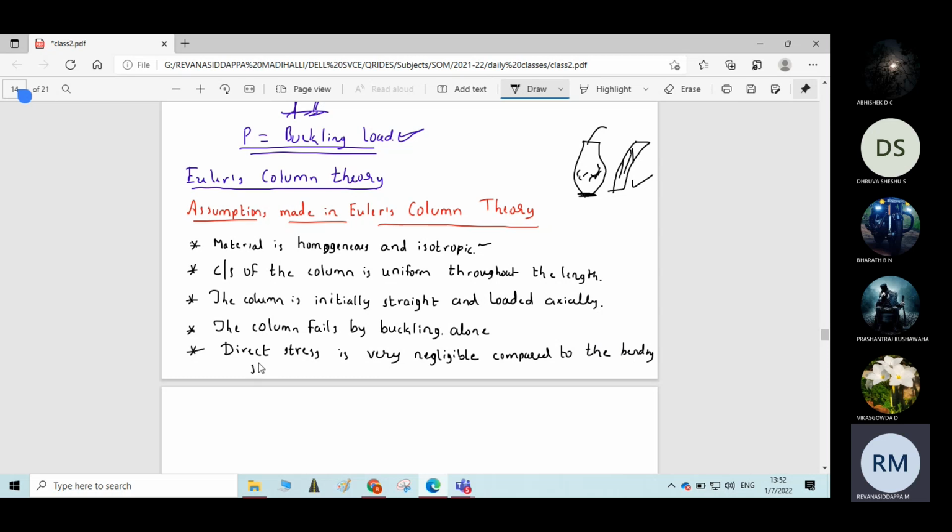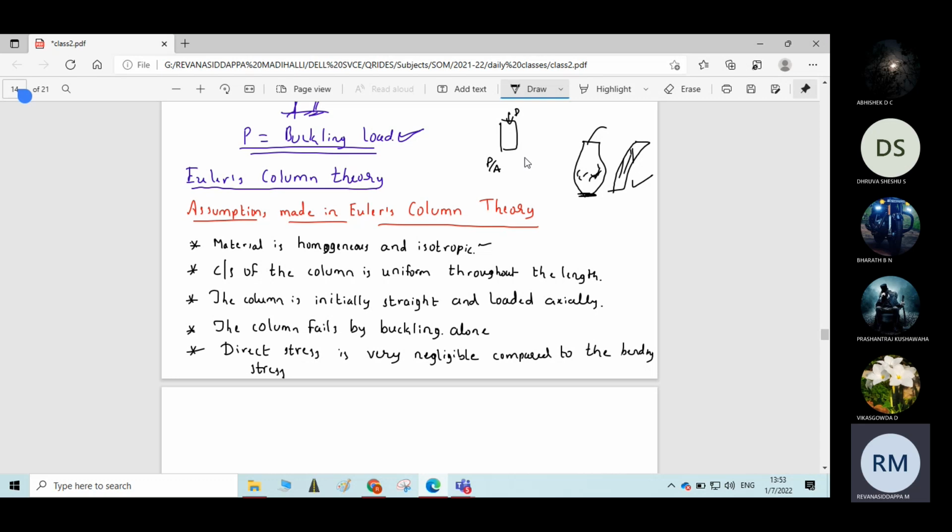This is the next assumption. Direct stress means load by area directly, P by cross sectional area. This is direct stress. Bending stress is measured depending upon the moment.